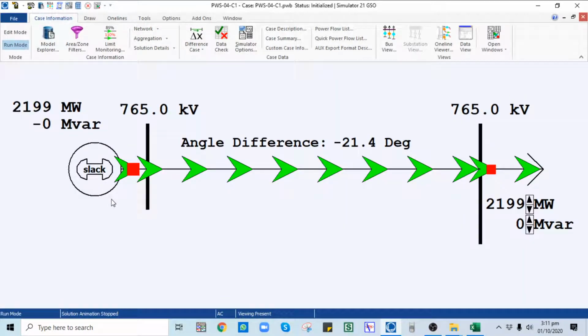You can see that a source is supplying a load of 2199 megawatt at the voltage level of 765 kV. So before going to solve this case, first we shall analyze the concept of surge impedance loading and the SIL curve.